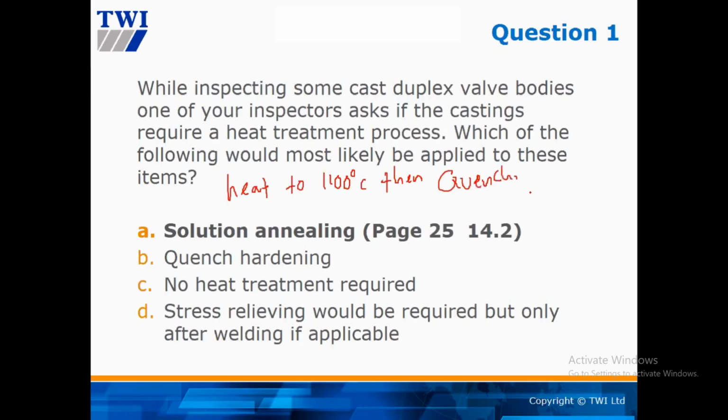Quenching carried out, meaning you need to put this material inside water or oil, very fast cooling, in order to dissolve carbon. So that's the purpose of having this, they call it solution annealing. Heat material up to 1100, which is above upper critical temperature, quenching in water or oil, and the purpose is to remove, or they call it dissolve, carbon.